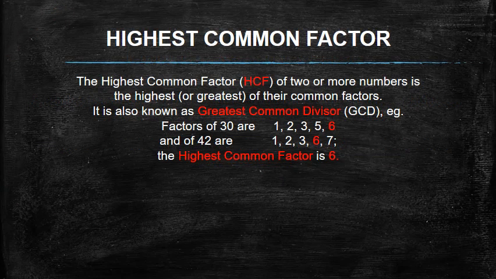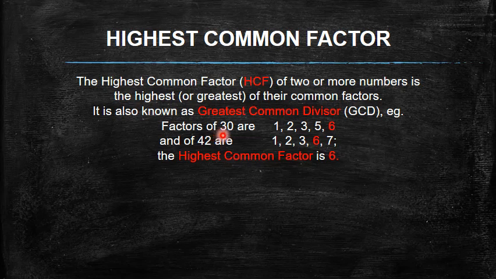Highest common factor or HCF. The highest common factor of two or more numbers is the highest or greatest of their common factors. How do we find out? The greatest common divisor, as it is also called, or the HCF.